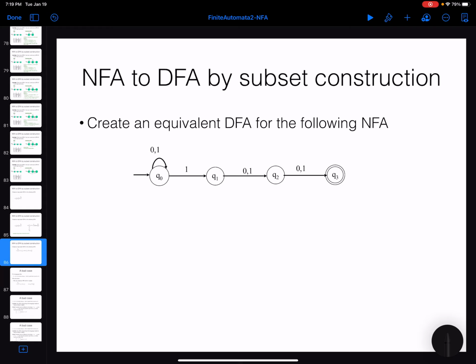Okay, remember this NFA? We have already written down this NFA for the language of all binary strings where the third symbol from the end is going to be 1.